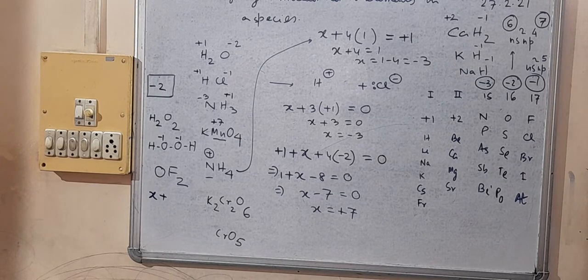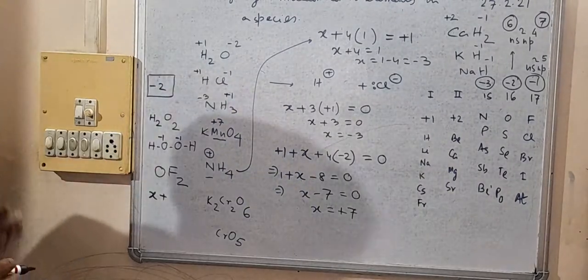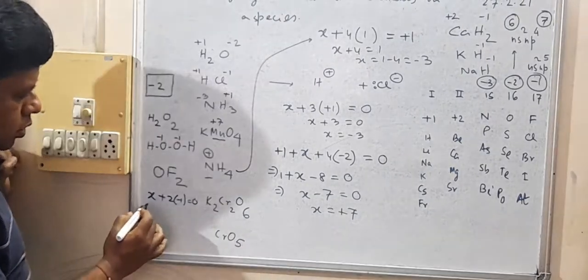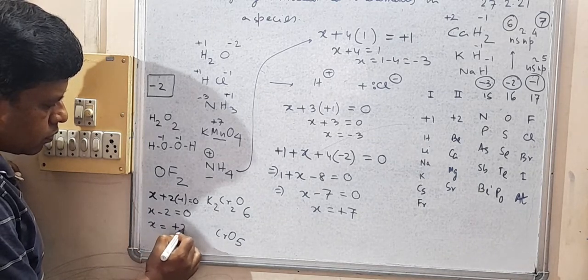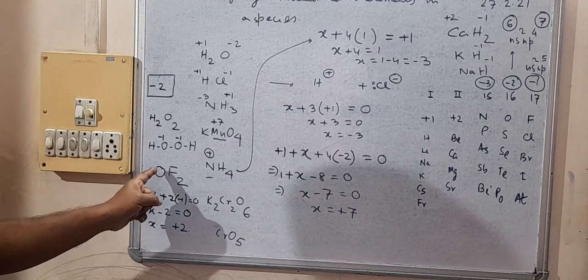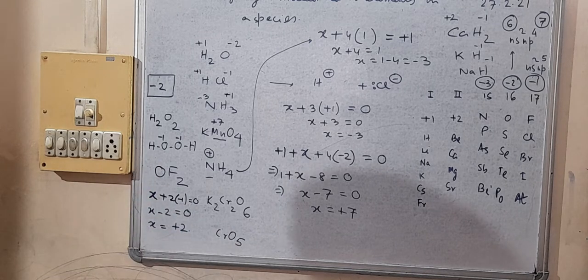Fluorine is the most electronegative element. There is no element more electronegative than fluorine. So fluorine will have oxidation number minus 1. So 2 into minus 1 equal to 0. So x minus 2 equal to 0. x is equal to plus 2. So in OF2, the oxidation number of oxygen is plus 2.